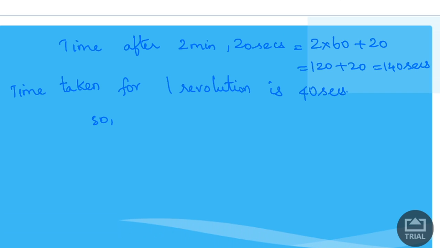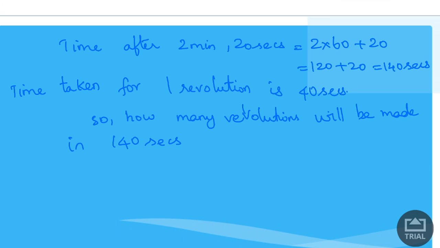So how many revolutions will be made in 140 seconds? It is 40 plus 40 plus 40 plus 20. 40 plus 40, 80 plus 40, 120 plus 20. So it is 3.5 revolutions.